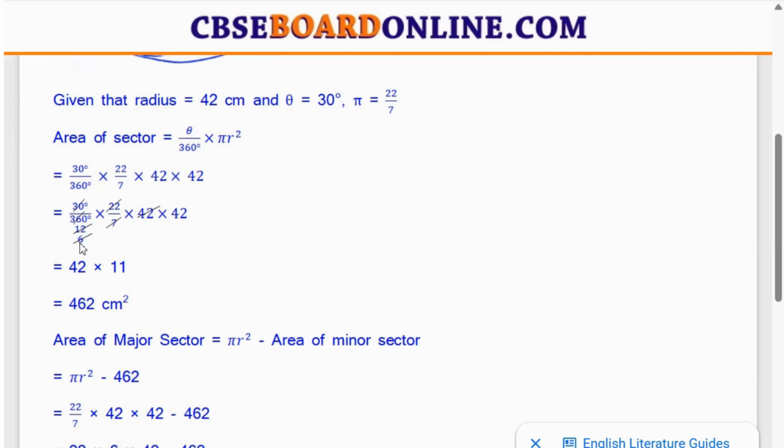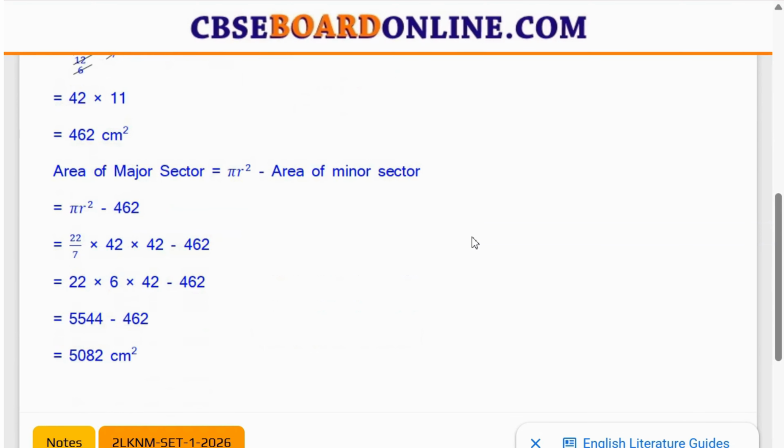Now we have 22 upon 7. We are simply going to solve this as well. 7 sixes are 42, right? And we have 6 over here. Then 6 and 6 again got cancelled off. We remained with 462 square centimeters.